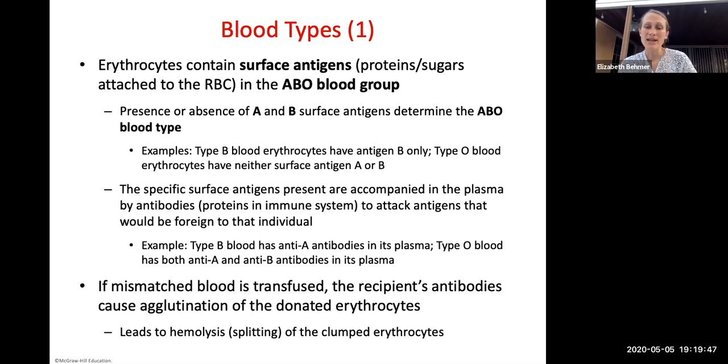Type O blood has both anti-A and anti-B antibodies in its plasma. Type AB blood has both surface antigens, A and B, so it doesn't have any antibodies, because it wouldn't create an antibody that would attack an antigen that it has on its surface.